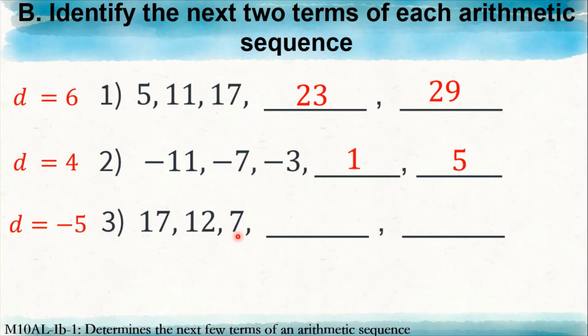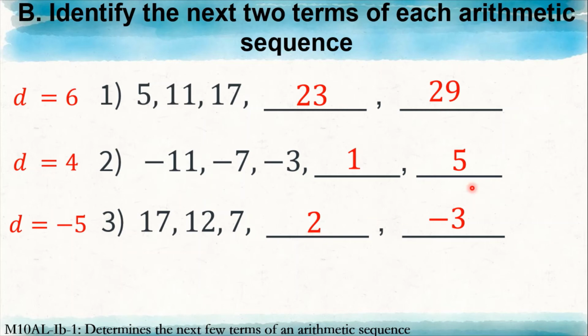O kaya, kunin natin yung proseso ng pagkuha ng difference. 12 minus 17 is negative 5. 7 minus 12 is equal to negative 5. Okay, so what are the next two terms? 7 plus negative 5 is positive 2. Plus negative 5 is equal to negative 3.